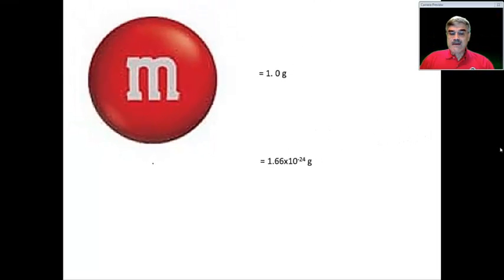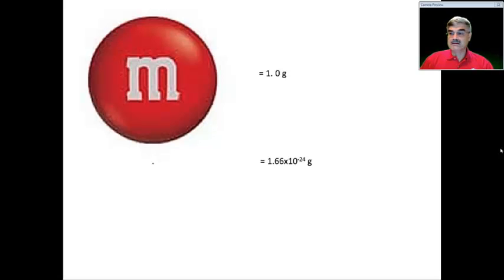So the question is, how many of these AMU dots do we need to build up 1 M&M? Well, if you had 100 of these dots, the mass would be 1.66 times 10 to the minus 22nd.